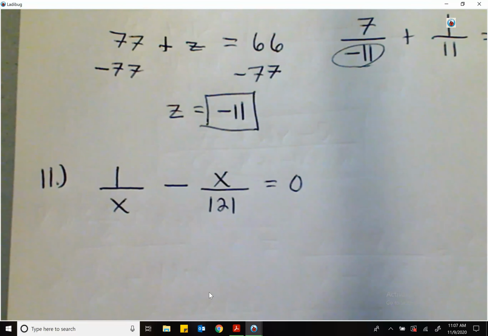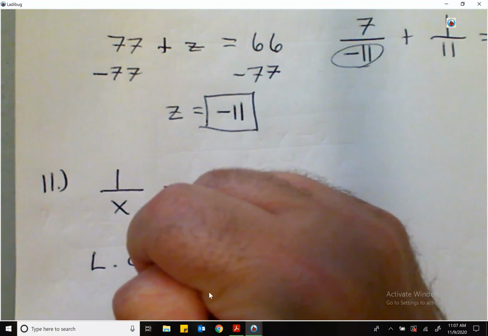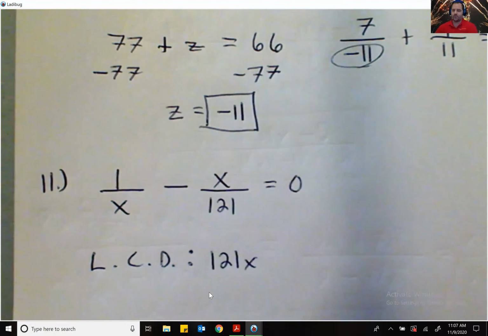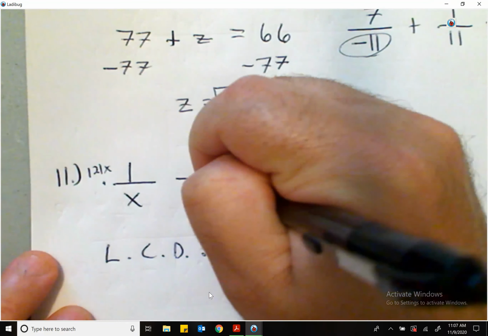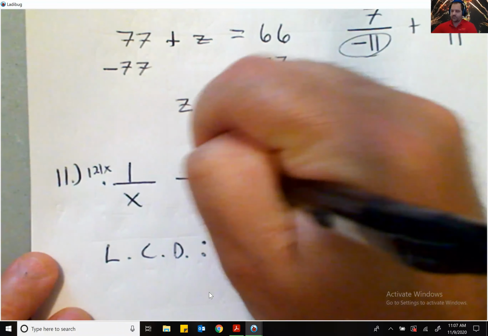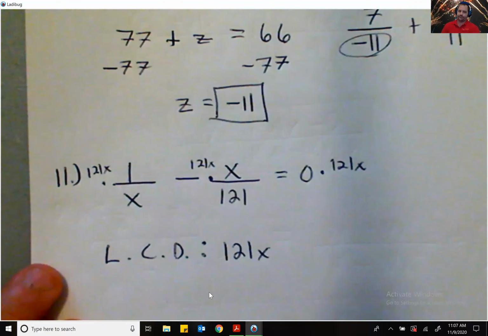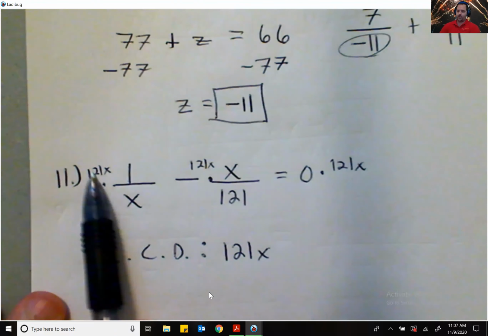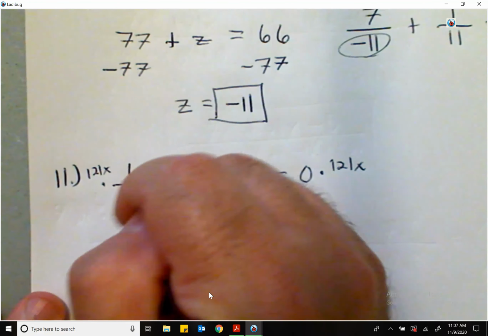LCD. What's the LCD going to be? 121x. You got it. So everyone gets multiplied by this. You get 121x, and you get 121x, and you get 121x. What's going to happen between 121 and x? The x is going to cancel out.